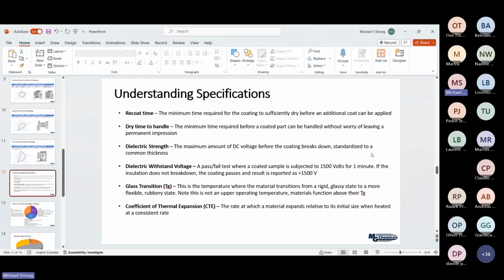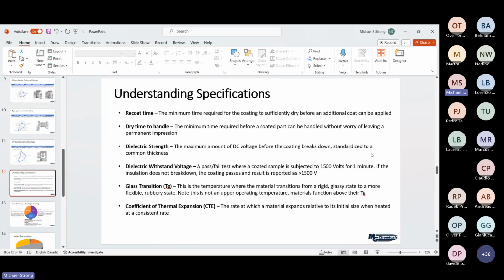Dielectric strength is the maximum amount of voltage before a coating breaks down, and it's standardized to a common thickness. So it's actually a very trivial metric to track because it can be kind of manipulated based on how you do the test. So I can get a better result, for example, if I use a smaller probe versus someone else, or if I'm able to apply the coating much thinner than my competitor, I can get a higher dielectric strength value.